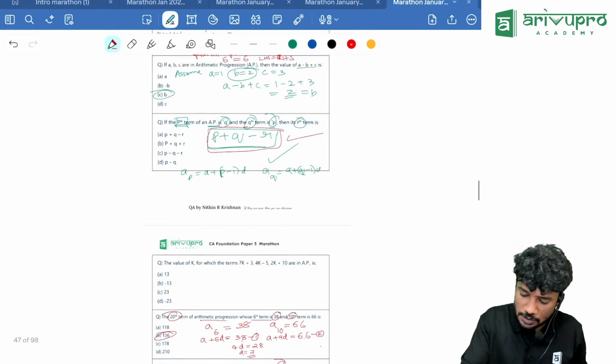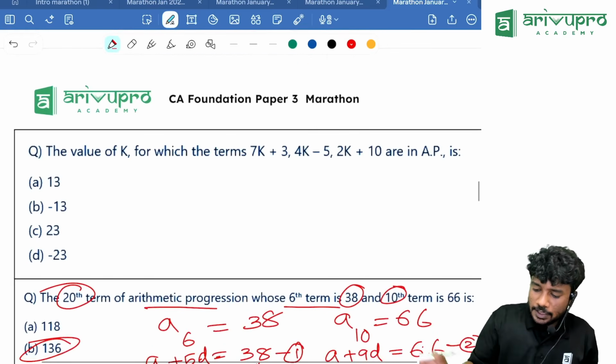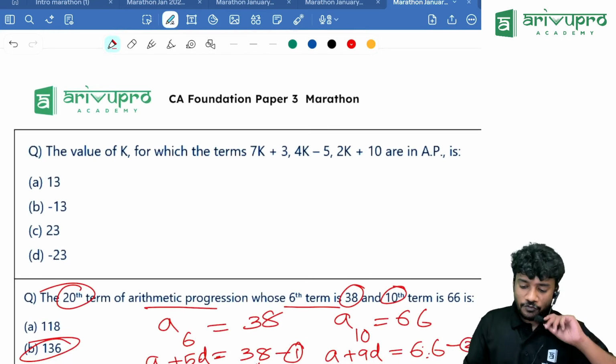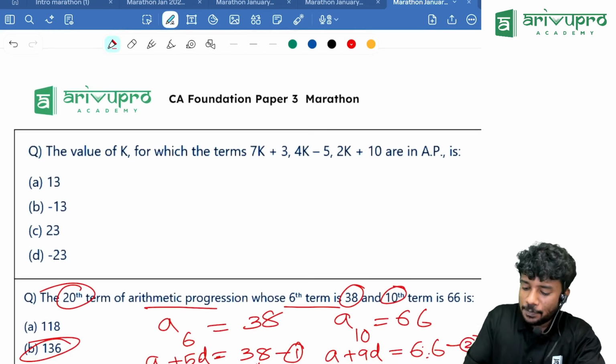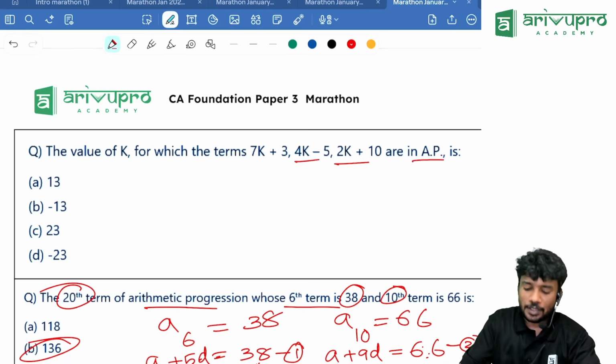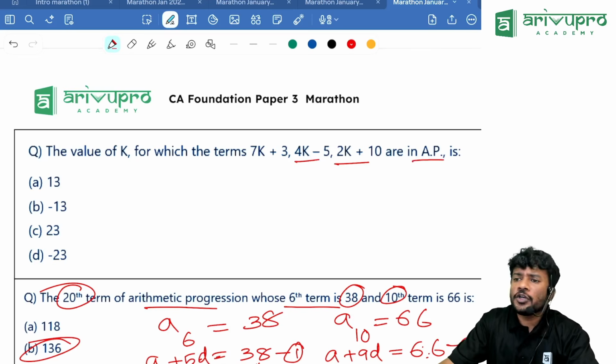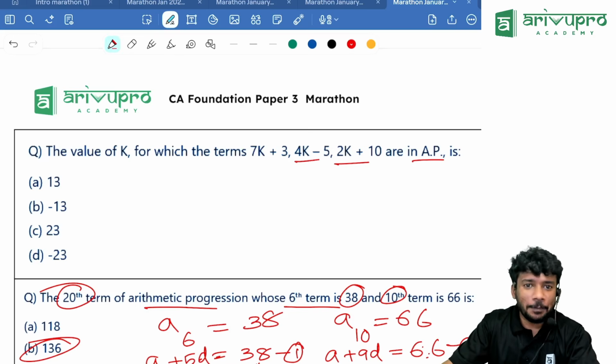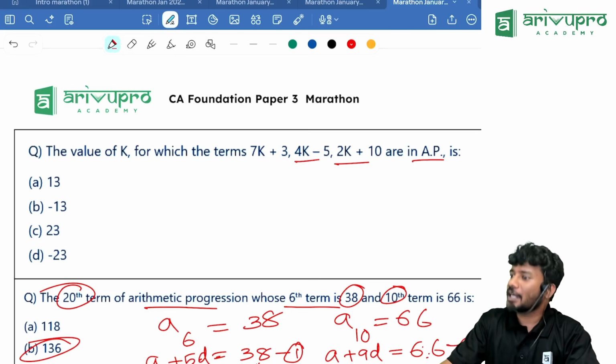Next one is, get me the answer. The value of K for which the terms 7K plus 3, 4K minus 5, 2K plus 10 are in AP. What do you know about AP? What is the first thing you know about AP? Their common differences are equal.